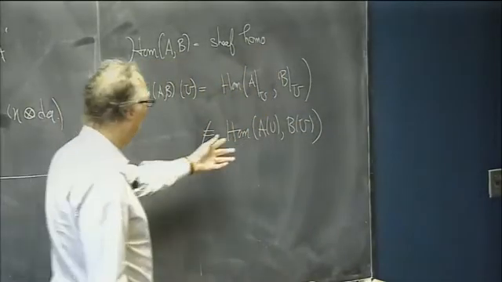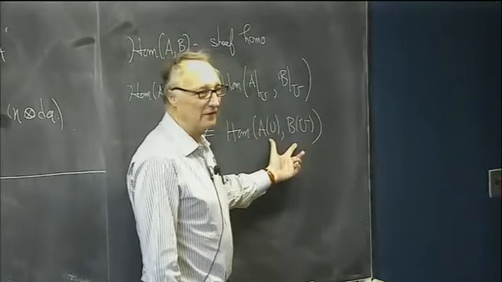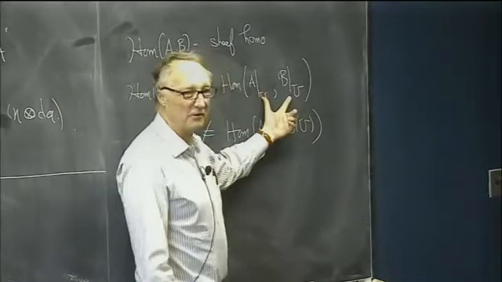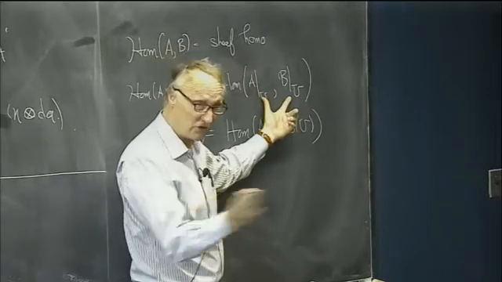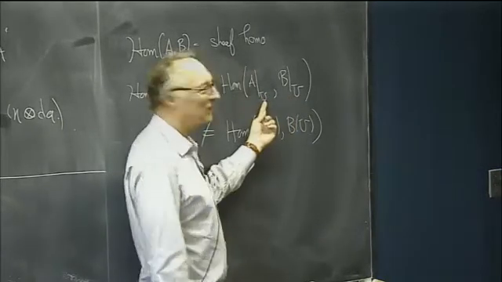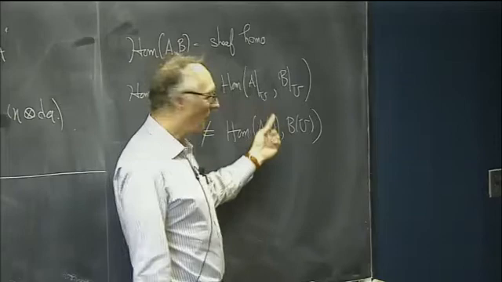It's much more subtle than this. It's the homomorphisms between these sheaves over U as sheaves. That means for every open subset of U, you have a homomorphism.